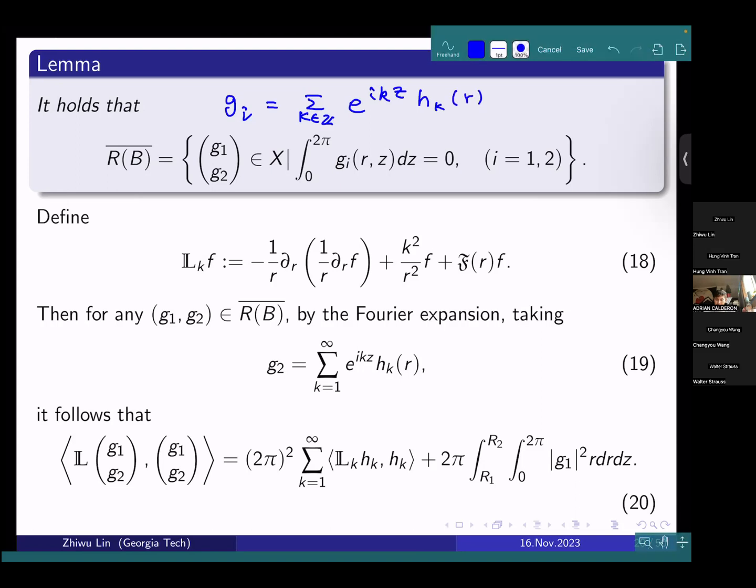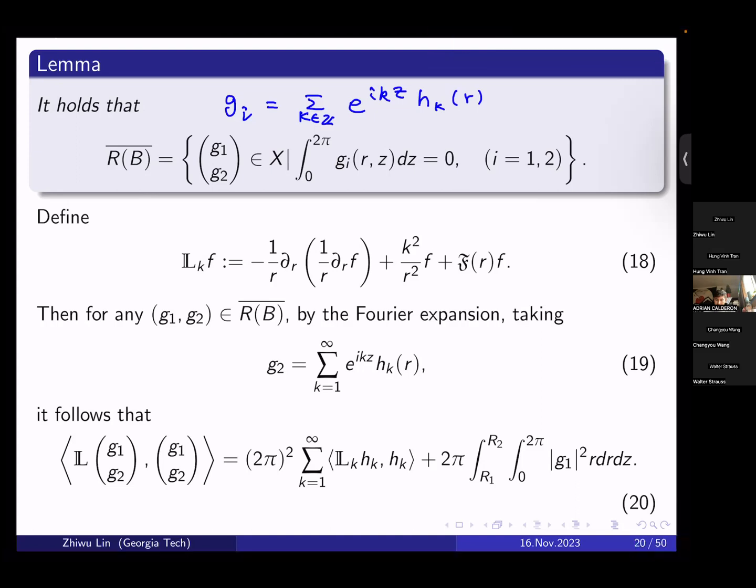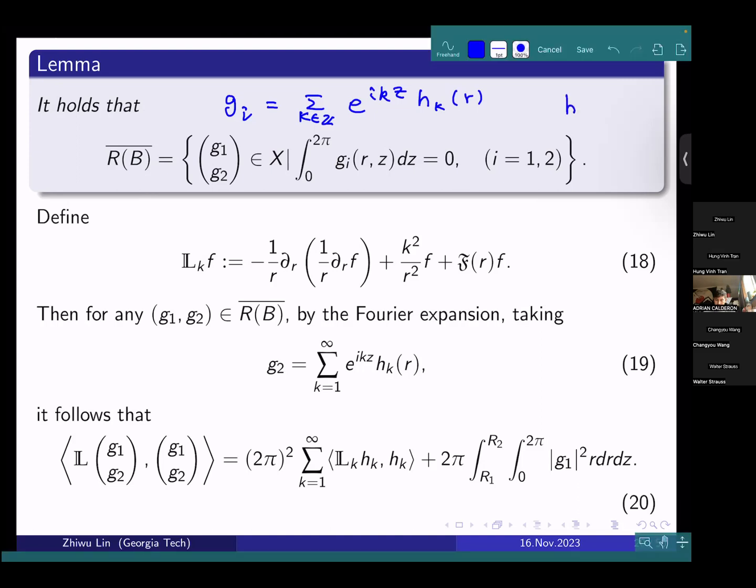If you do the Fourier series expansion, the condition is simply that the zero mode h_0 should be equal to 0.